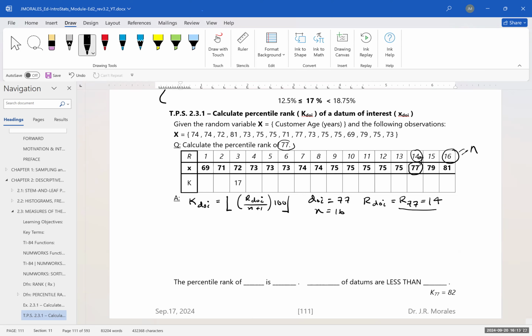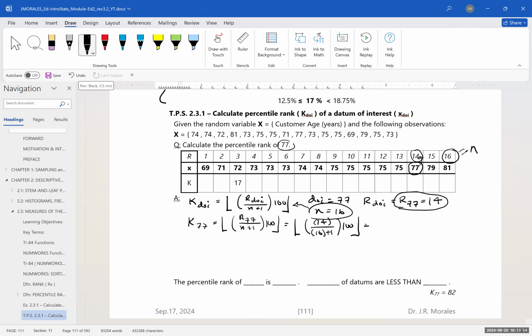Now we just have to substitute the rank of 77 and the sample size into our formula here. So the percentile rank of 77 is equal to the rank of 77 over n plus 1 times 100. The rank of 77 is 14. Our sample size is 16 multiplied by 100.